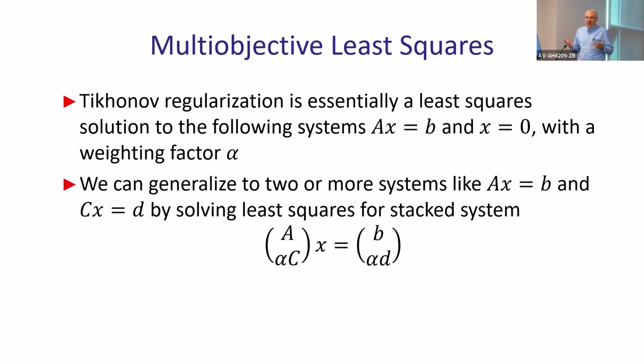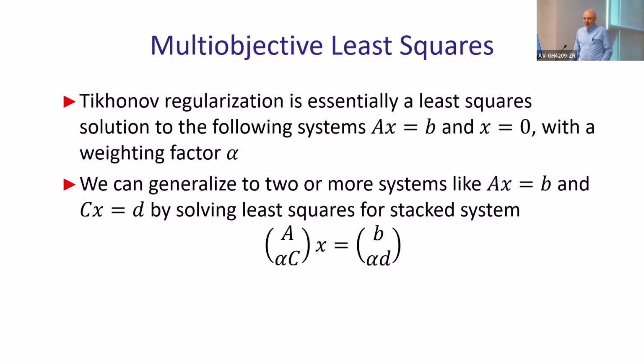You don't have a solution to equal. This is why we need least squares in the first place. So what happens here is that this is approximately equal to the right side. It's equal to that right side plus some error, which I want to minimize. This is what least squares does, right? So it's that thing plus some e. And I want to minimize the squared norm of that e.